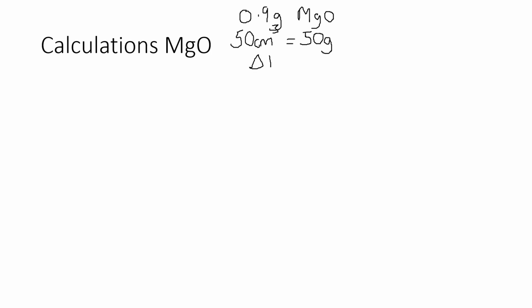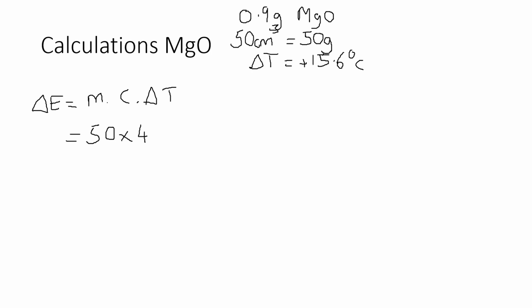And delta T was plus 15.6 degrees Celsius. So our first equation, delta E equals M times C times delta T, where M is the mass of the water, which was 50 grams. The specific heat capacity is 4.18, and delta T was 15.6.